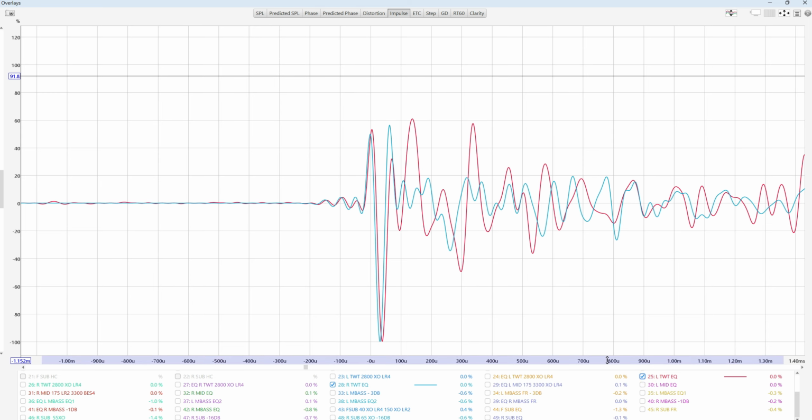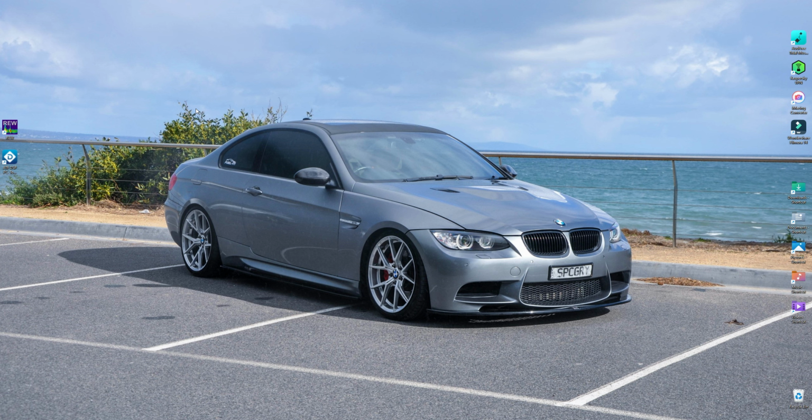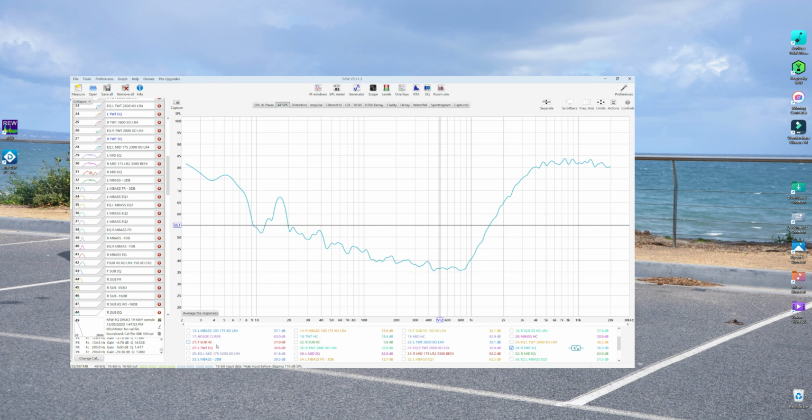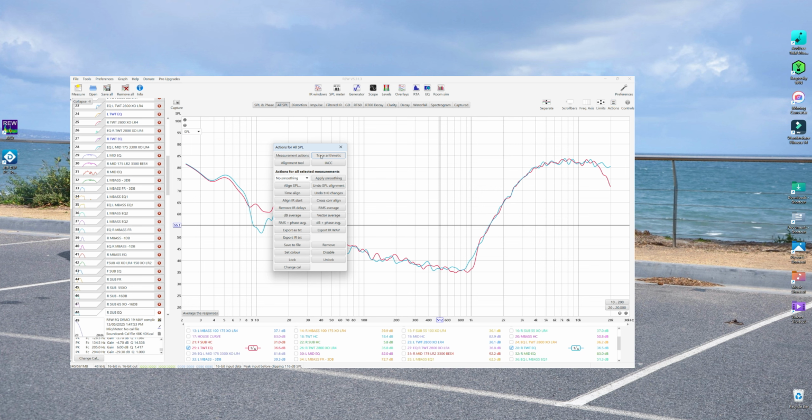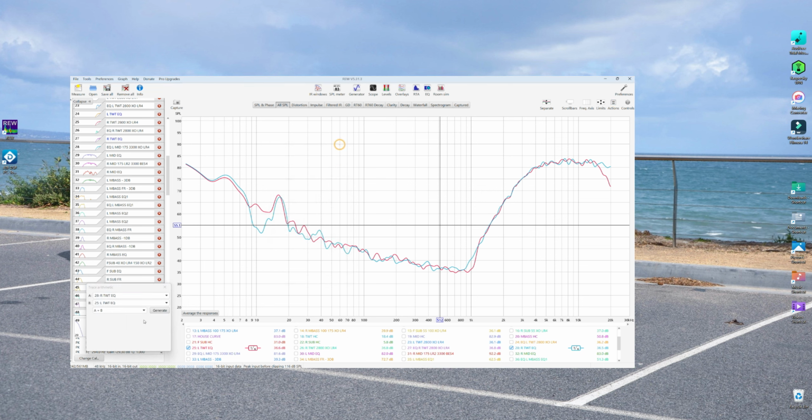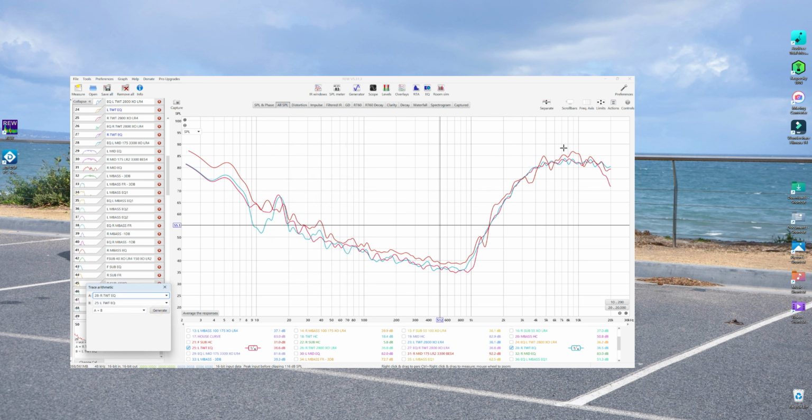And the third way to do it is to measure, for example, your left and right speaker with uncorrelated pink noise or a sweep, and then play both speakers together with correlated pink noise or a sweep, and see whether the two speakers together are playing louder than each of the individual speakers.